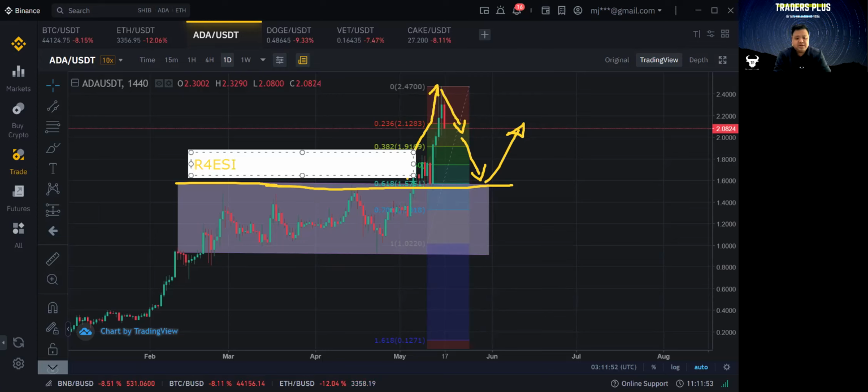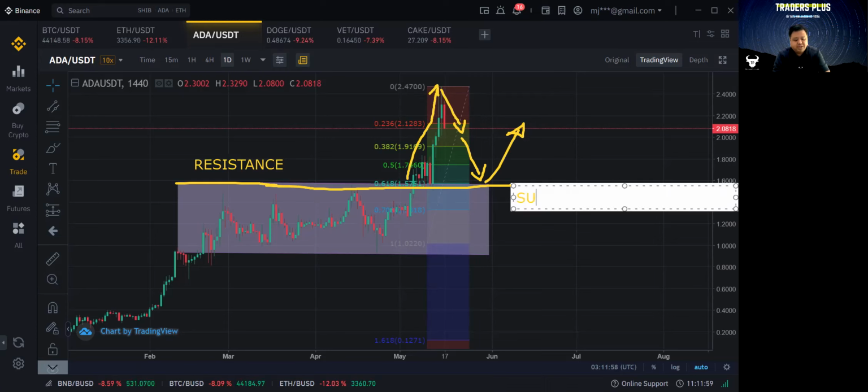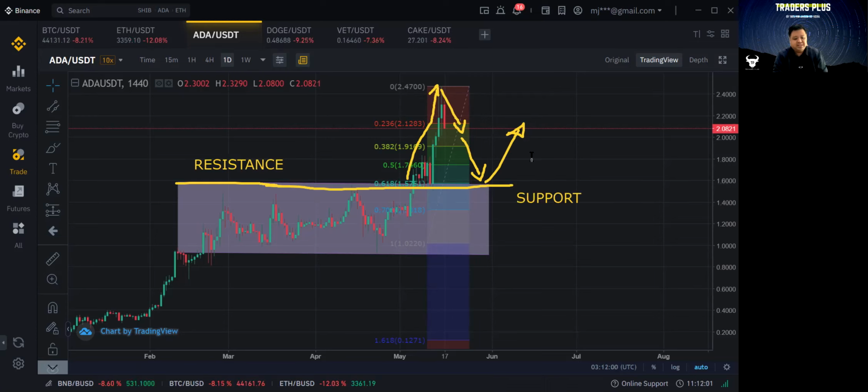So if this was a resistance here, it is expected that it will become the new support at this area. Alright. So my idea is wait for this to go down all the way here before buying for spot traders. Okay, but again, short sellers can also take advantage of this pullback.